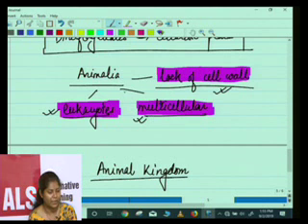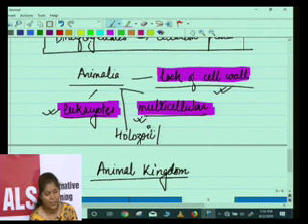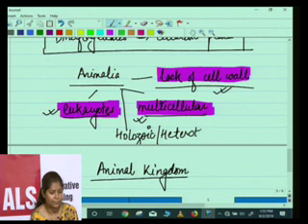And obviously they are holozoic, or what we can say is heterotrophs. So heterotrophs means those animals which are depending on others for food.